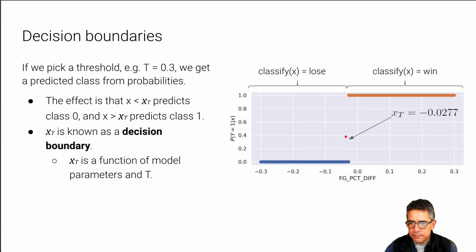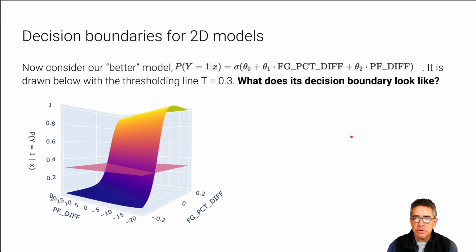So the decision boundary is connected to the inverse of our logistic function at that point. And we're going to see why this becomes a little bit more important when we switch to a two-dimensional case.